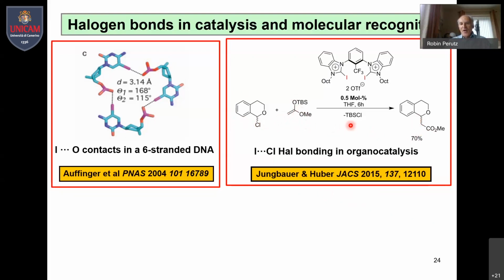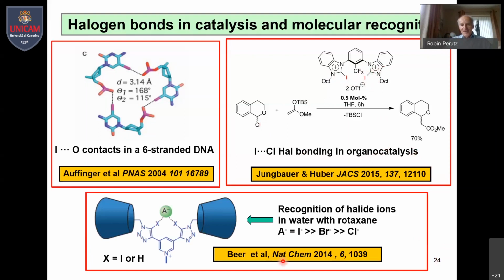And the catalyst is this organic molecule with 2 carbon-iodine bonds. And you'll see that these benzimidazolium rings are positively charged, and that brings that positive charge in part onto the iodine, which can form the halogen bonds to the chlorine in the original substrate. So that's a catalytic example.